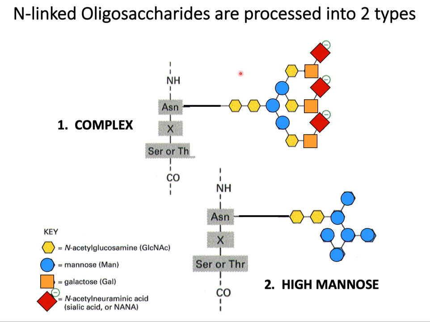The one that we are really going to look into is this complex N-linked oligosaccharide modification on secretory proteins. The way these are formed is by trimming in the ER and then trimming in the Golgi apparatus, and then addition of some more sugars such as galactose and sialic acid.